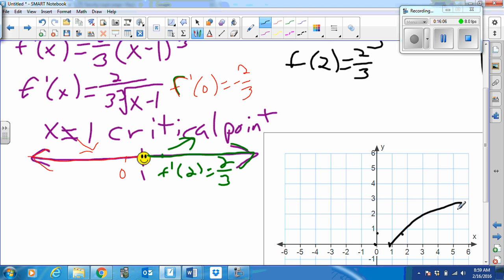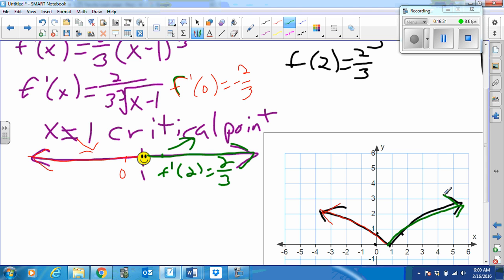So we have a little cusp on this function when we graph it. We know that it's decreasing in this red zone here, and in this case it's increasing here, and you can certainly check that on your calculator. And we have this cusp at 1, 0, and that's a critical point that occurred in the function.